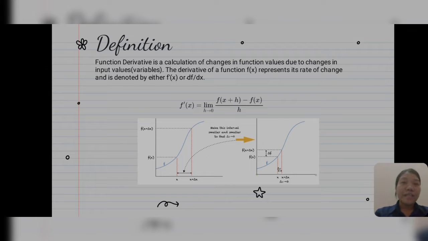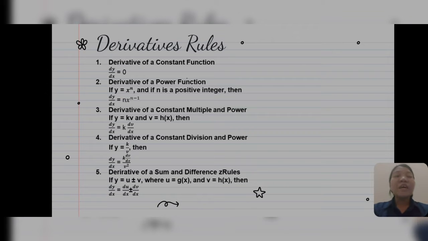As we can see, it is hard to use this function derivative definition to calculate the change of every function. So for function derivatives, there are rules, and there are 9 general rules. The first one is the derivative of a constant function. The formula is delta y per delta x equals 0.